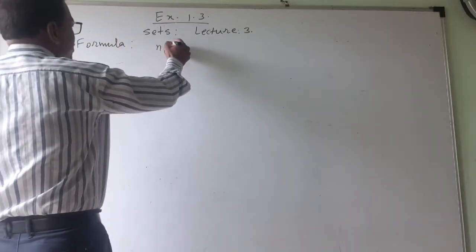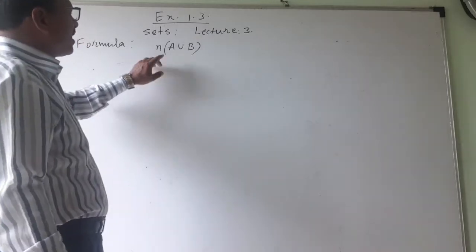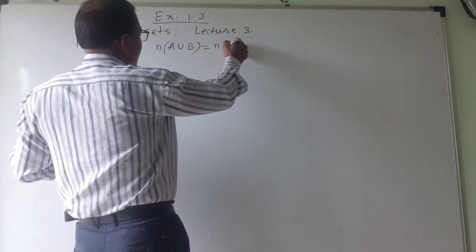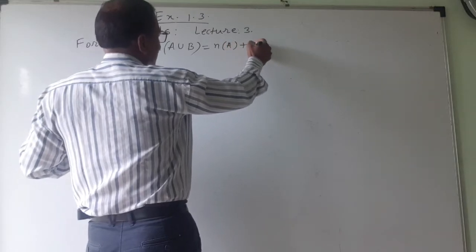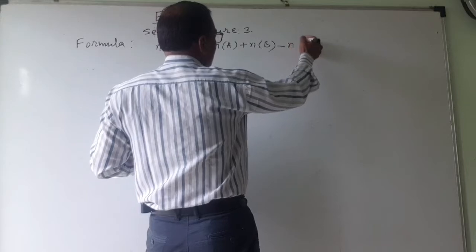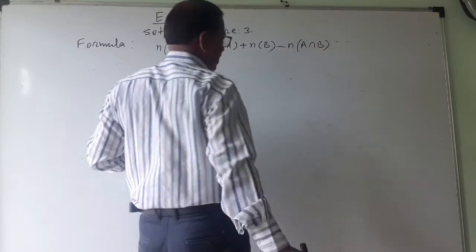n of A union B. N of means number of elements. n of A union B is equal to n of A plus n of B, minus n of A intersection B, meaning the common elements.